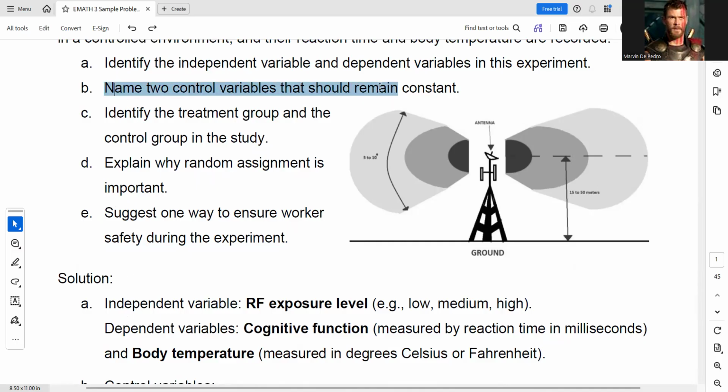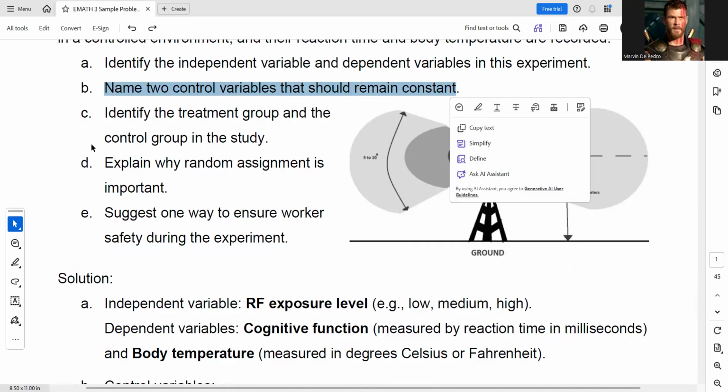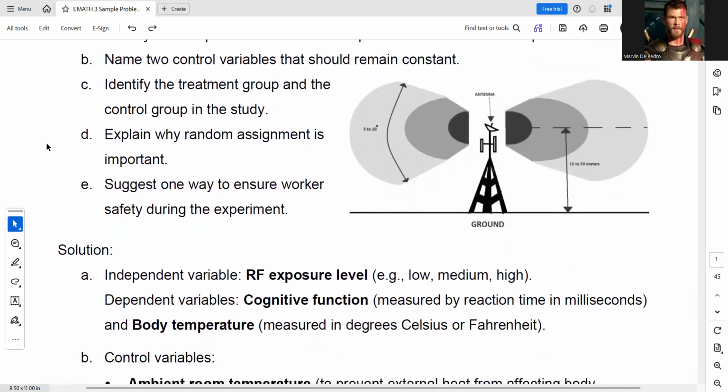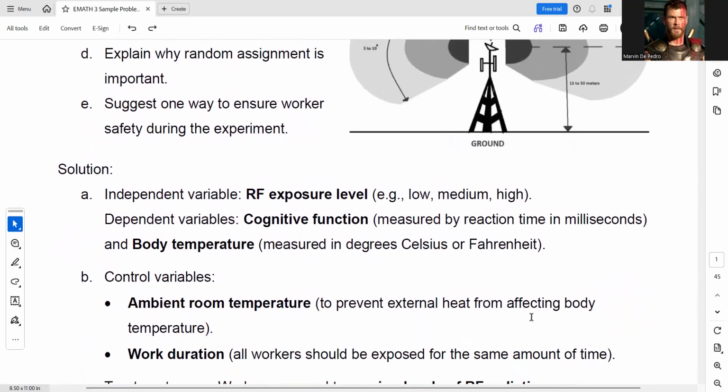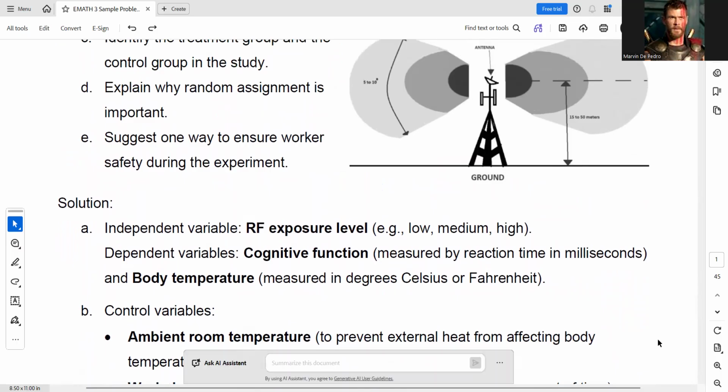Now about the control variables. These are just examples. First control variable could be the ambient room temperature. We have to prevent external heat from affecting body temperature, meaning whatever is the reference temperature that we have in the room, it should be maintained at all times within the experiment.